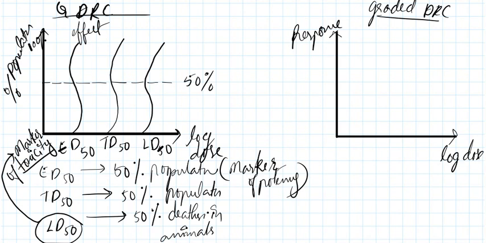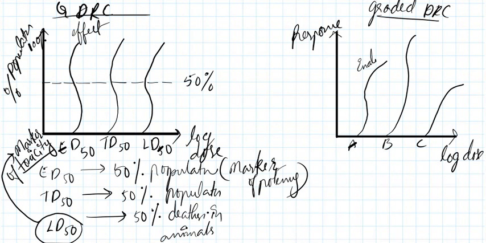In a single individual, a drug A is given at a particular dose, a drug B is given at a particular dose, and a drug C is also given. Take the example of A as enalapril, B as captopril, and C as nifedipine.